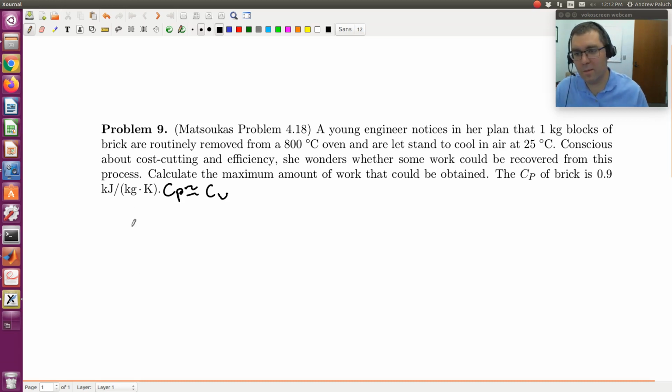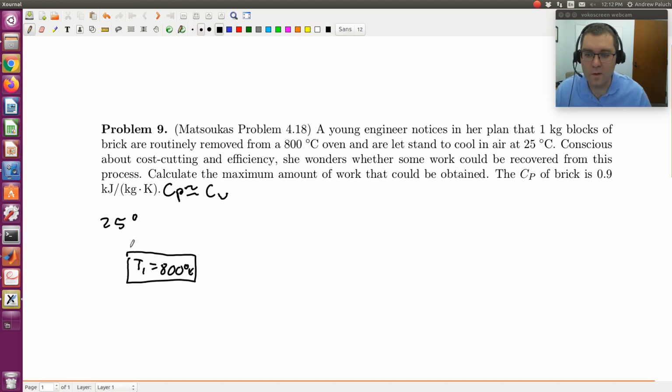So the situation is that we have some brick pulled from the oven. It's going to be at some temperature of 800 degrees C, and it's placed in the atmosphere at 25 degrees C. I'll take my brick to be my system, and I'll assume the surrounding atmosphere, my surroundings, could be treated as a bath, an infinite reservoir.